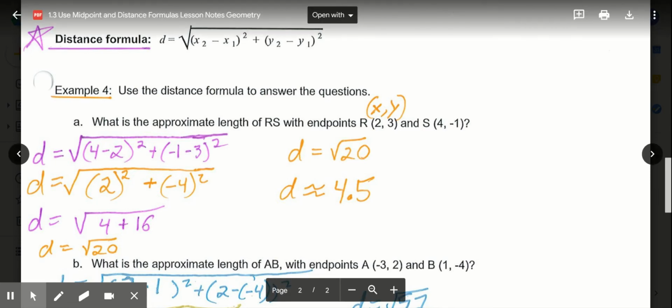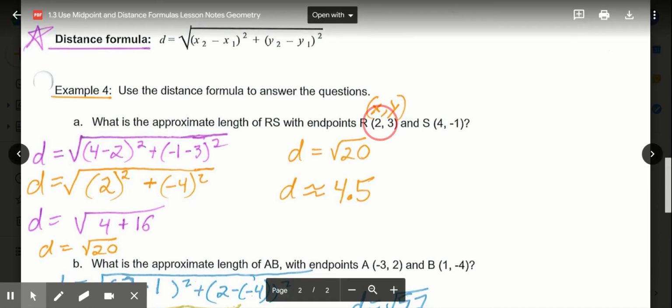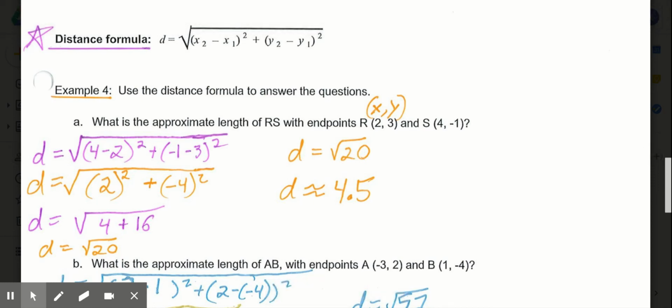If you wanted to start with R, that's fine, but if you start with the value from R here, you'd have to start with it here. Same with S. If the value from S comes first here, it has to come first here. So our other x value is 2, so we have 4 minus 2 squared, plus, just using the formula, and then our y's, -1 minus 3 to the second power.